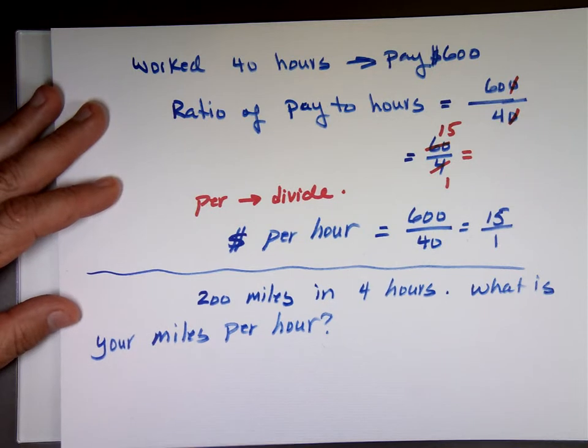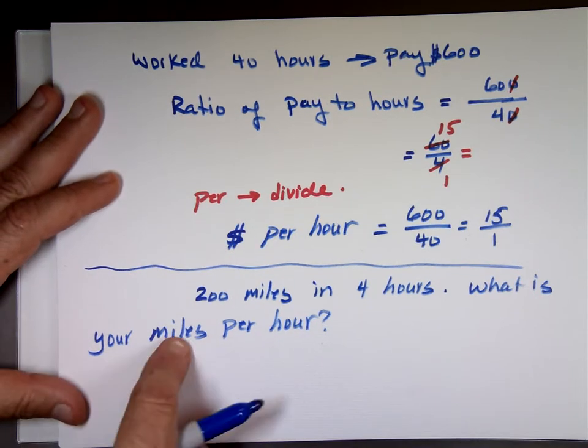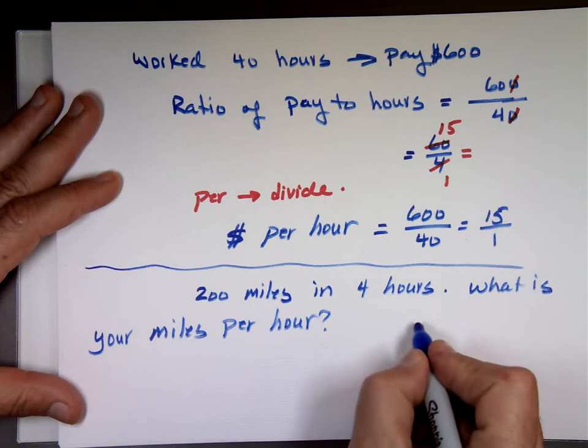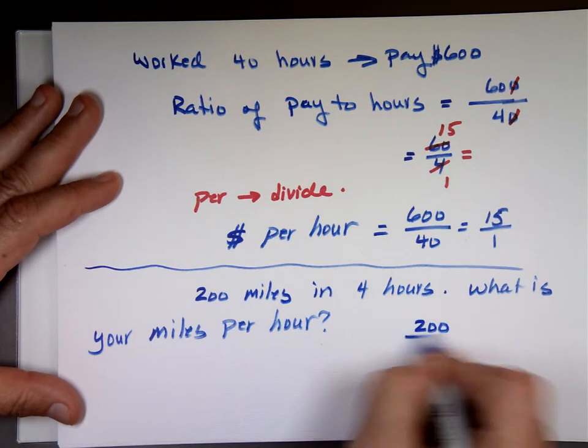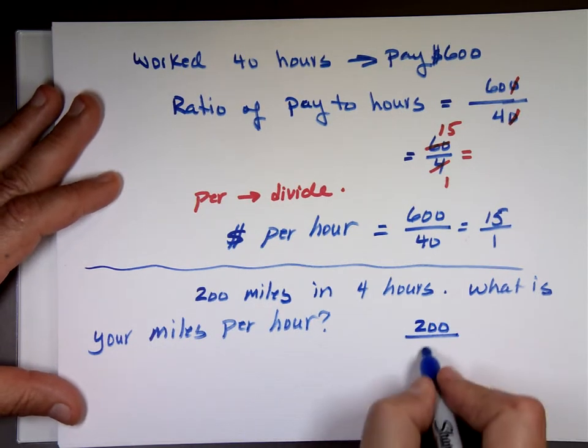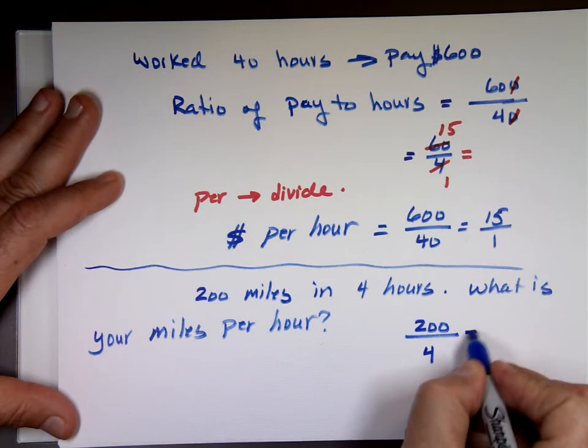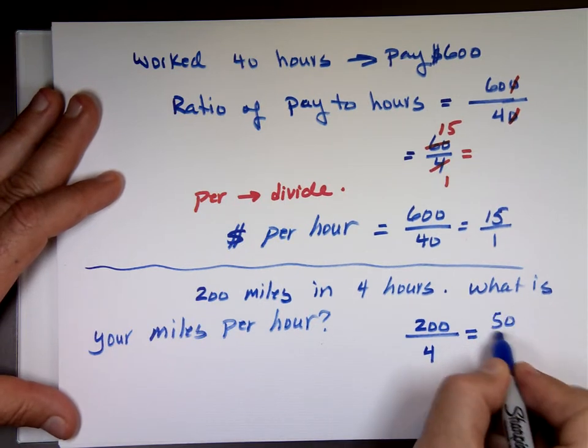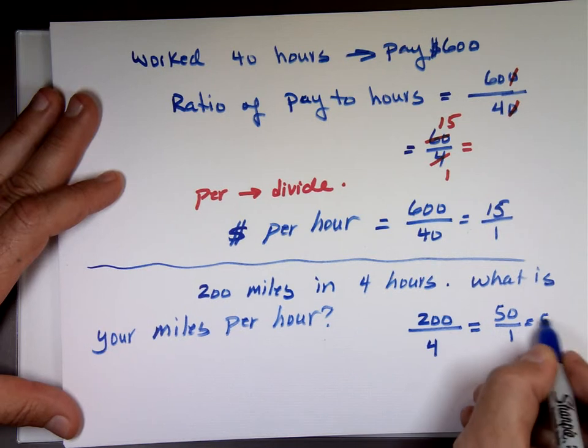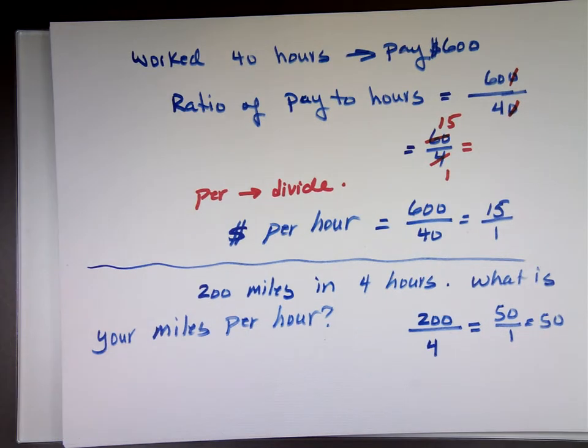Your miles per hour. Miles is written first. I got to put the miles first. 200. Per means divide. Hours is what? 4. Simplify that. That's what? 50 over 1, which is 50 miles per hour. Every hour you drove 50 miles.